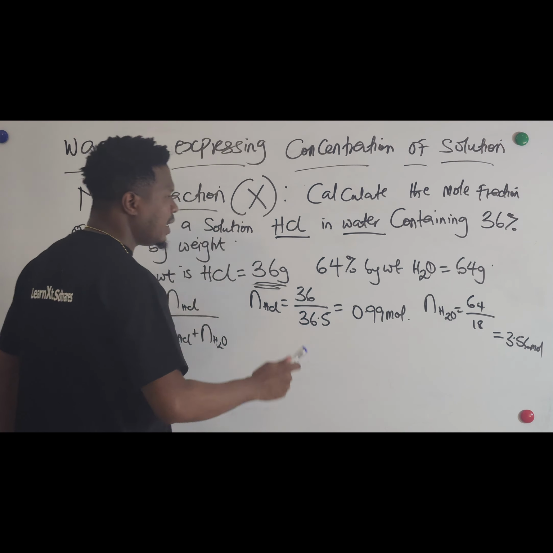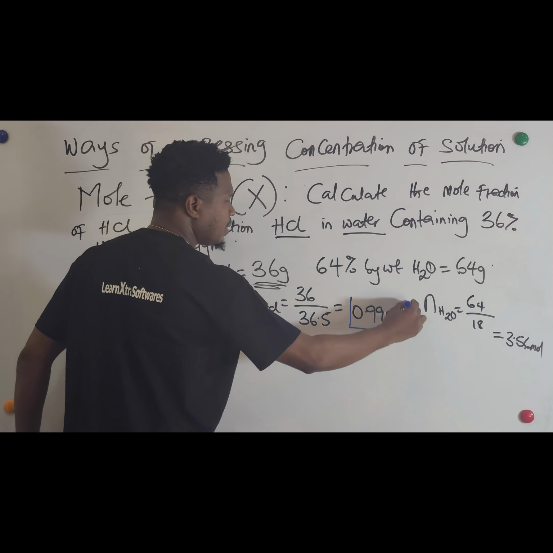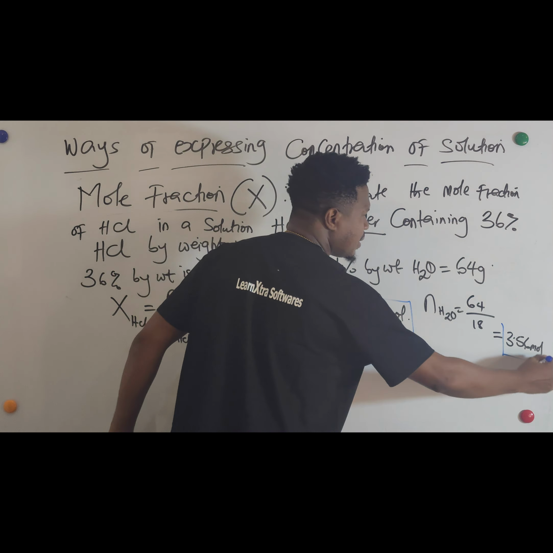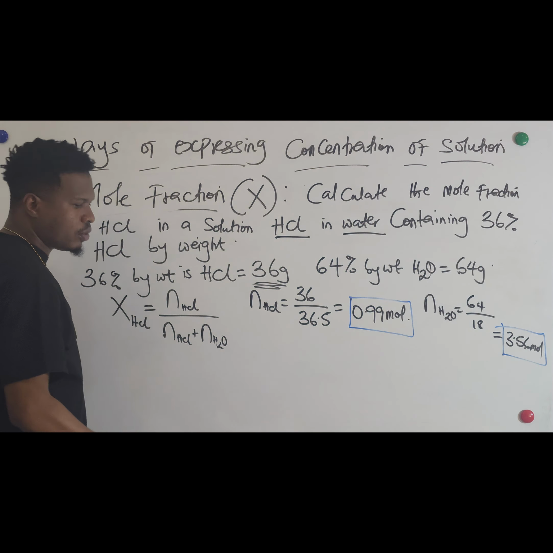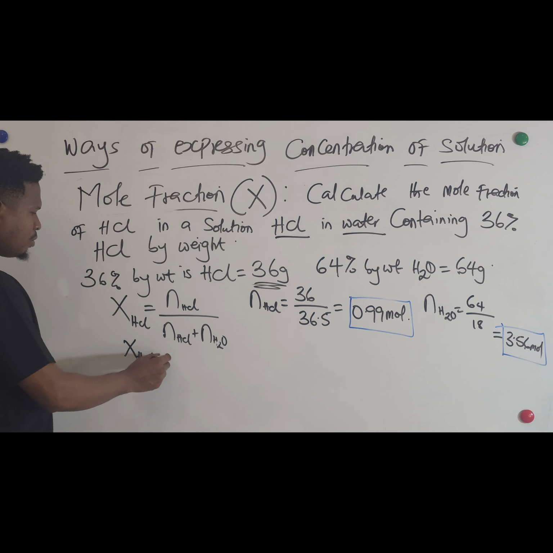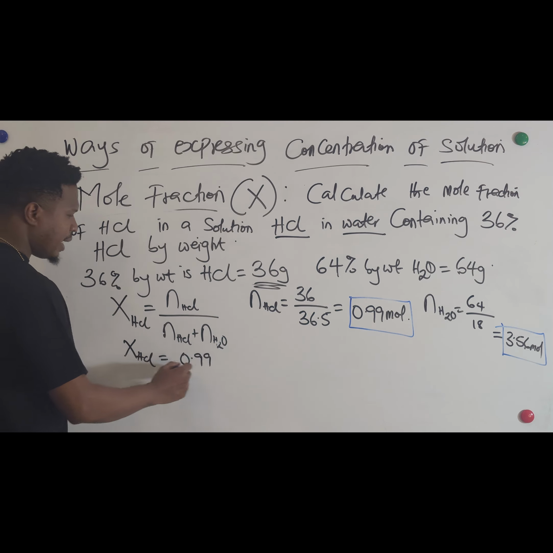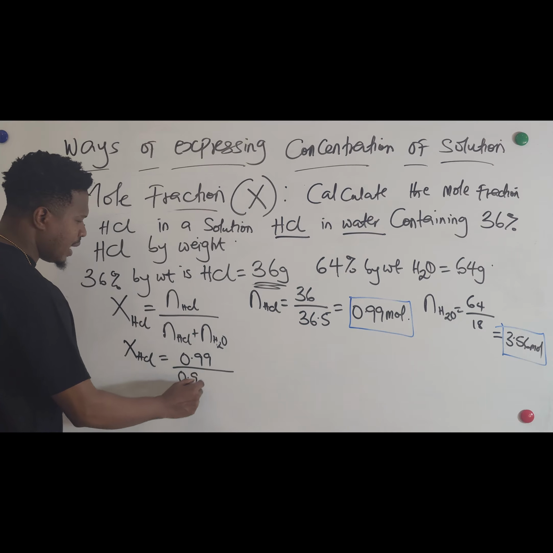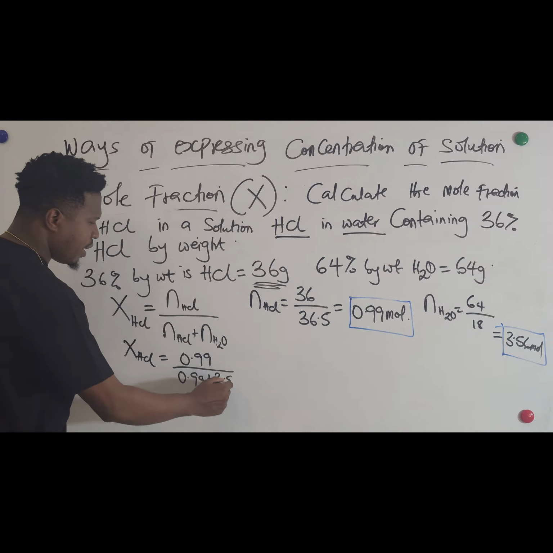Now, watch carefully. We have gotten the things we need. With these two values, we can come back to our formula here and finish it off. So X HCl, which is the mole fraction of HCl, is simply going to be 0.99 all over 0.99 plus 3.56.